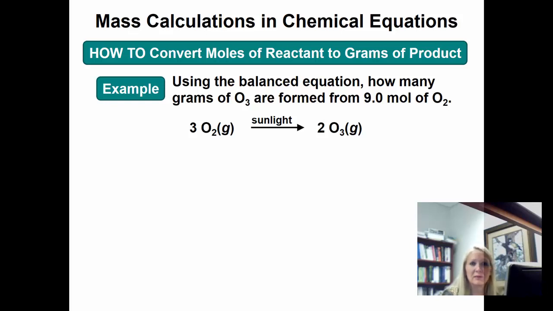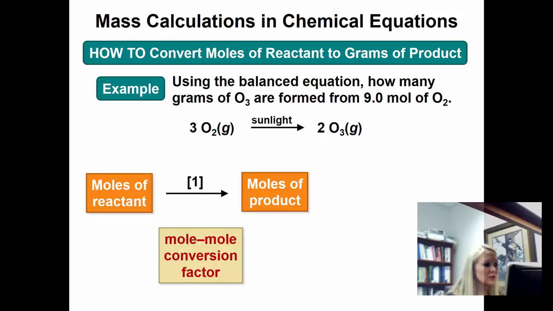You're going to use the same step that we used in the previous video where we converted from moles to moles, and then we're just going to add a step. So we're going to go to moles of a product. If you go from moles of one compound to moles of a totally different compound, the only way that you can convert these and have a common relationship is by using our mole to mole ratio or mole to mole conversion factor.